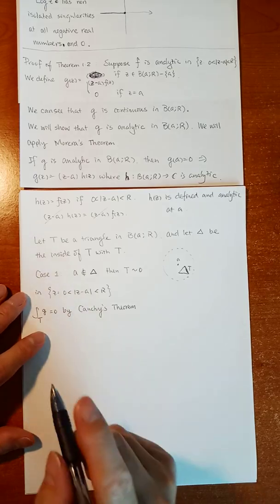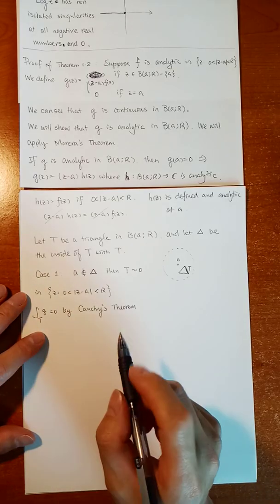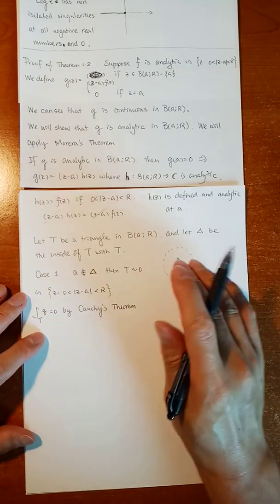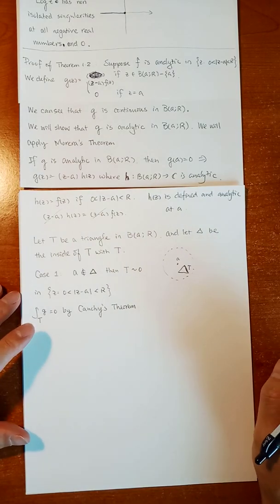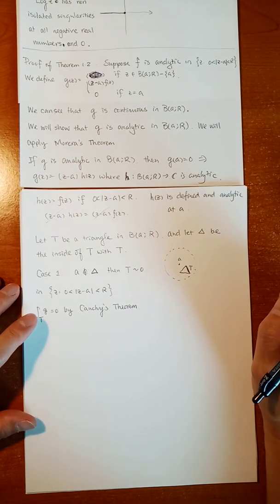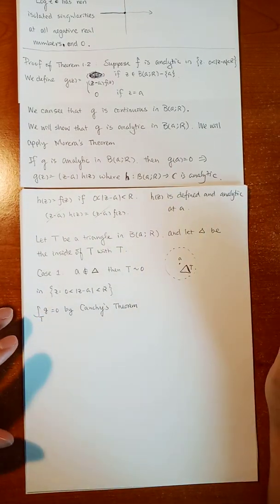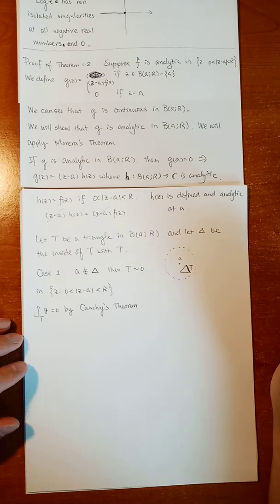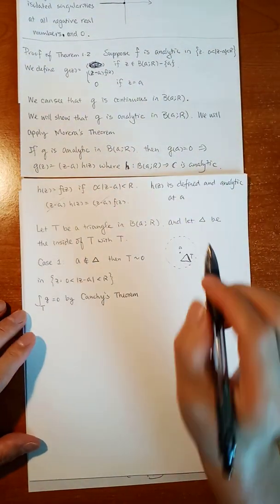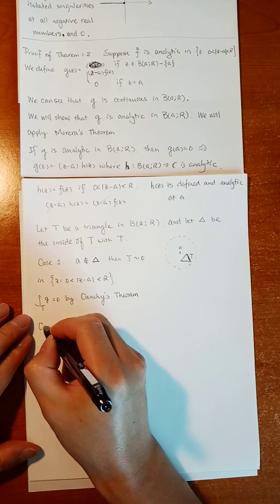So this part we use the analyticity of G in the punctured open disk. All right. Okay, so this is case 1.